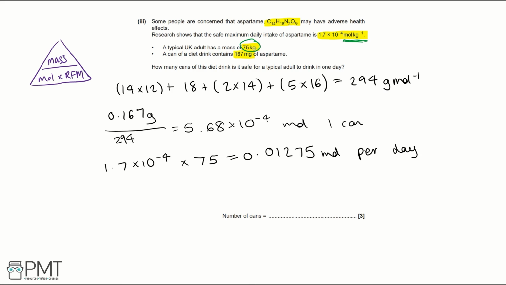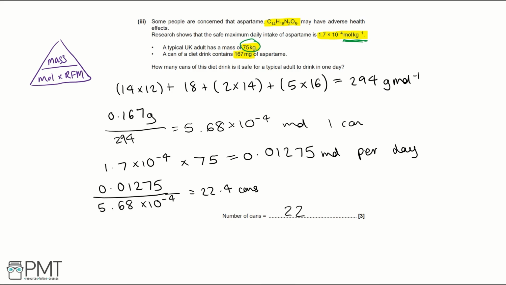To work out how many cans you can have in a day, we're going to do 0.01275 divided by 5.68 times 10 to the negative 4. And this equals 22.4 cans. But you can't have 0.4 of a can, so the number of cans that you can safely drink is 22.